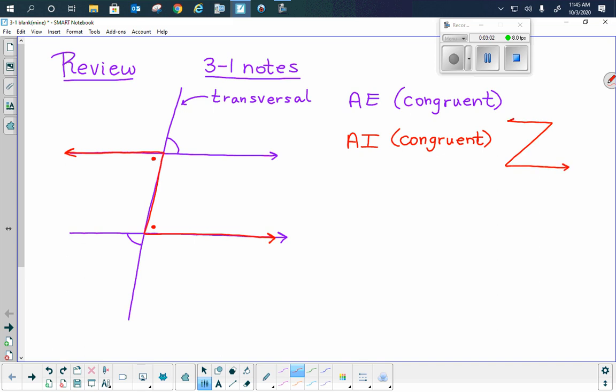So if you don't have a whole picture drawn with a transversal and everything, but all you see is a letter Z, you're supposed to know that these angles inside are alternate interior angles, and therefore they are congruent. Okay, maybe I'll use the same symbol I did over there. There we go. Okay.